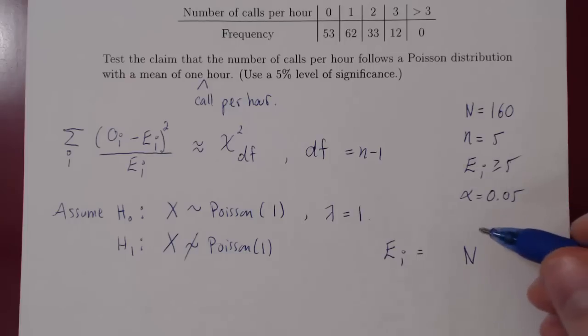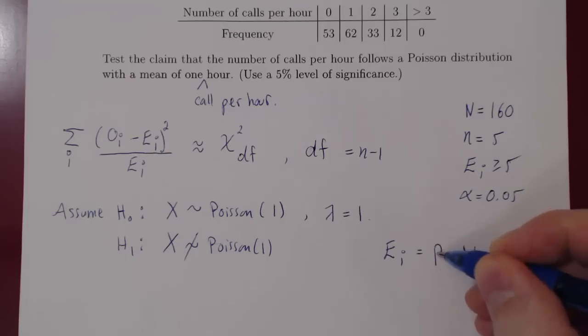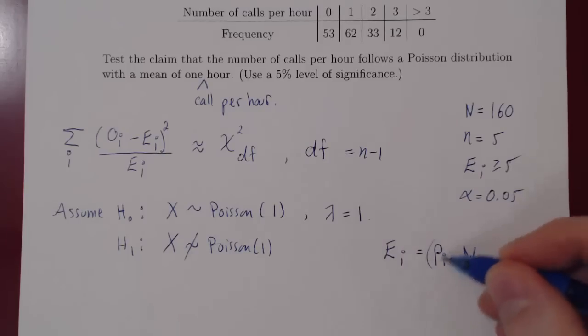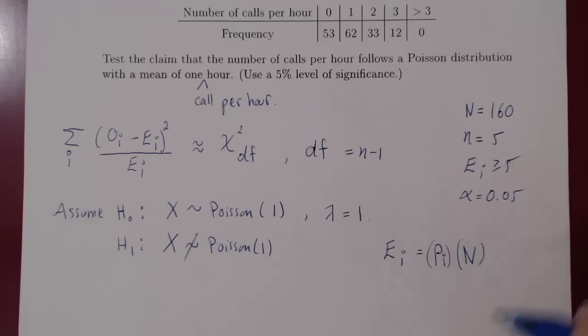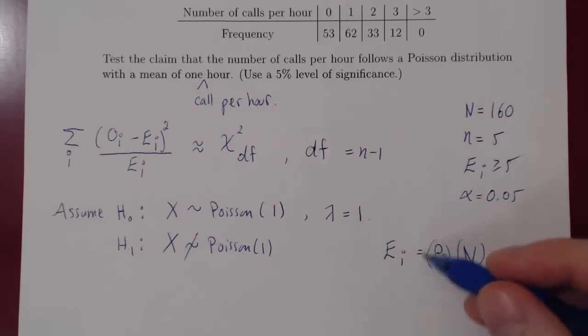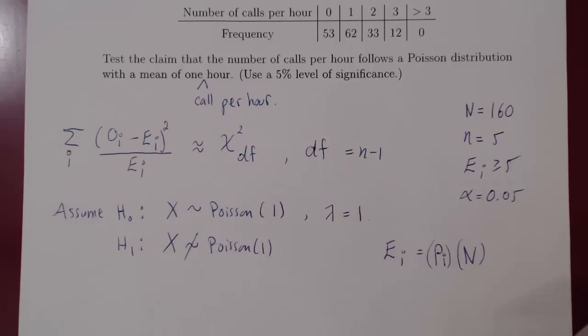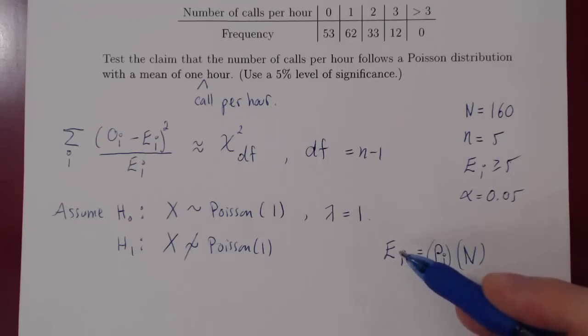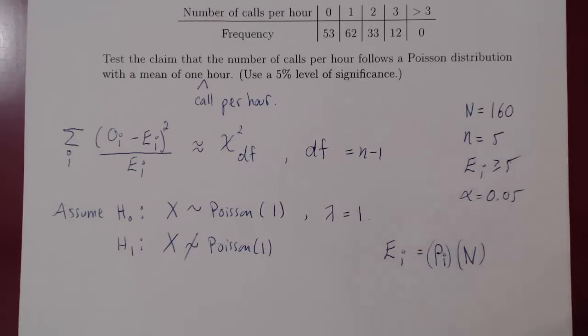And the idea is quite simple. It is the probability that the variable falls inside that bin times the total sample size, because a probability is simply a proportion. If you multiply the total sample size by the proportion of values that should fall inside of the ith bin, you will get the expected number of values inside of that bin.